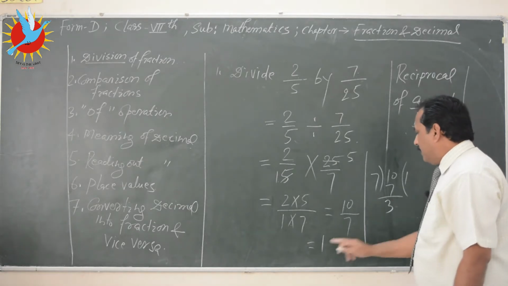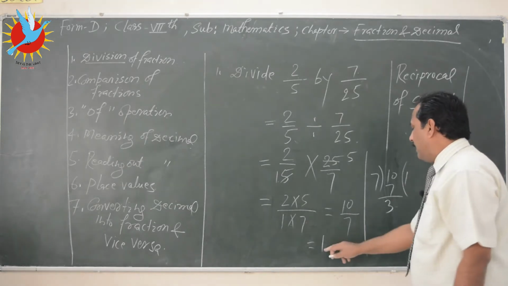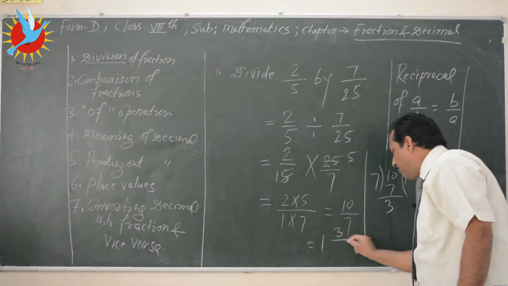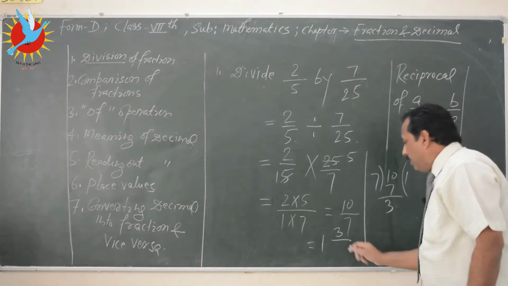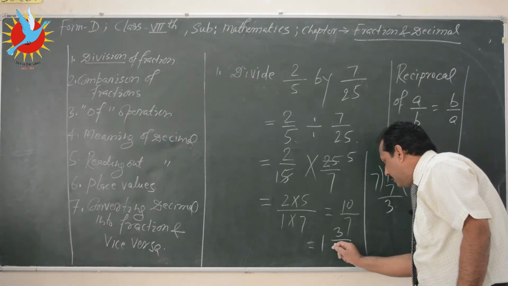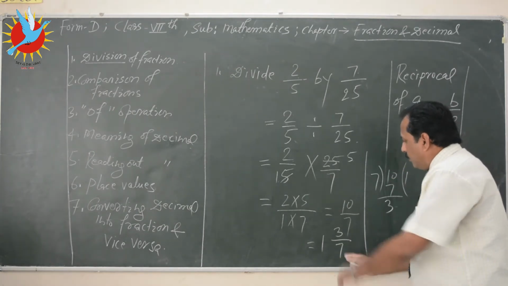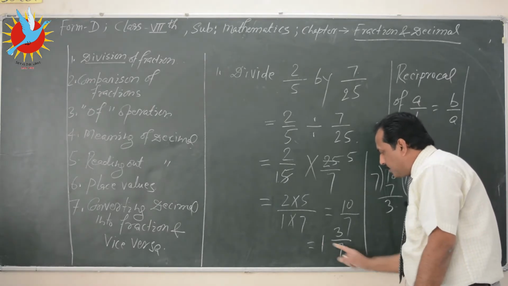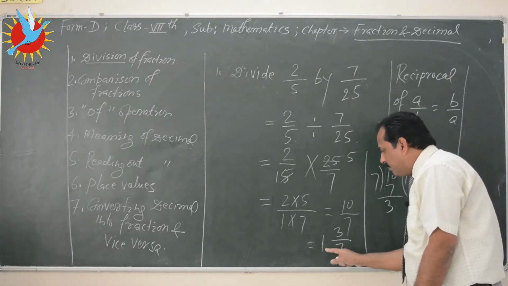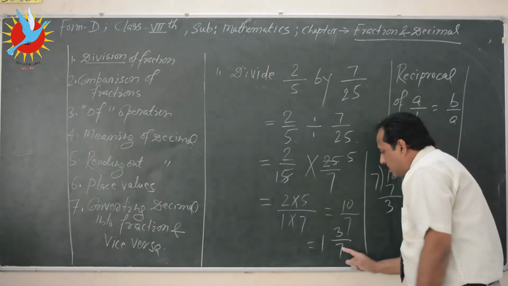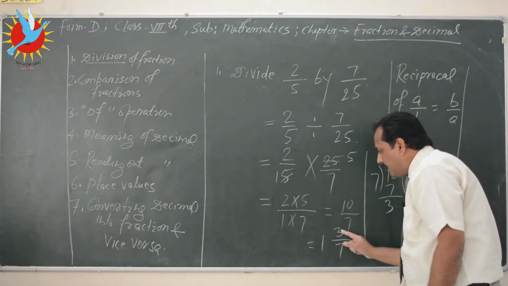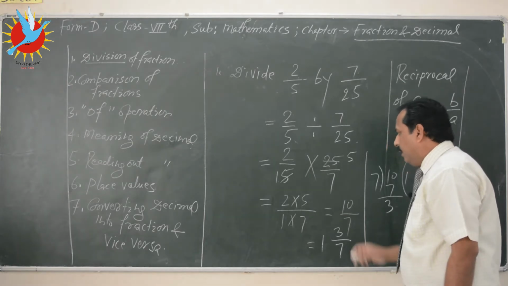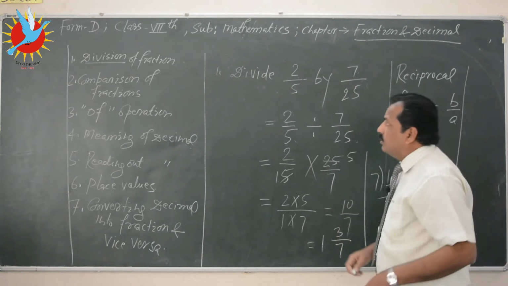This will be the quotient, and the quotient will come here, and this remainder will go in place of the numerator, and 7 will come as the denominator. So how to convert it into an improper fraction again? 7 1s are 7, this 3 has to be added. So 7 plus 3, that is 10. 10 is the numerator and 7 is the denominator. So this is how to divide.